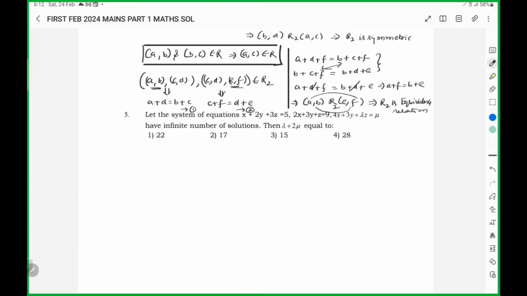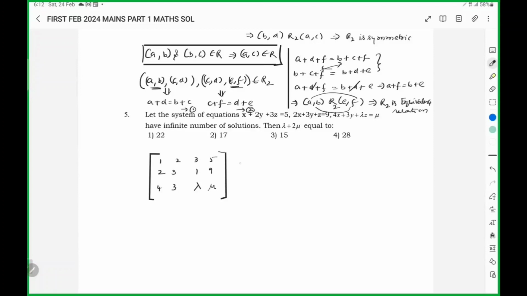Here we have infinite solutions, so we consider the augmented matrix. So here it is: 1, 2, 3, 5; 2, 3, 1, 9; 4, 3, lambda, mu.